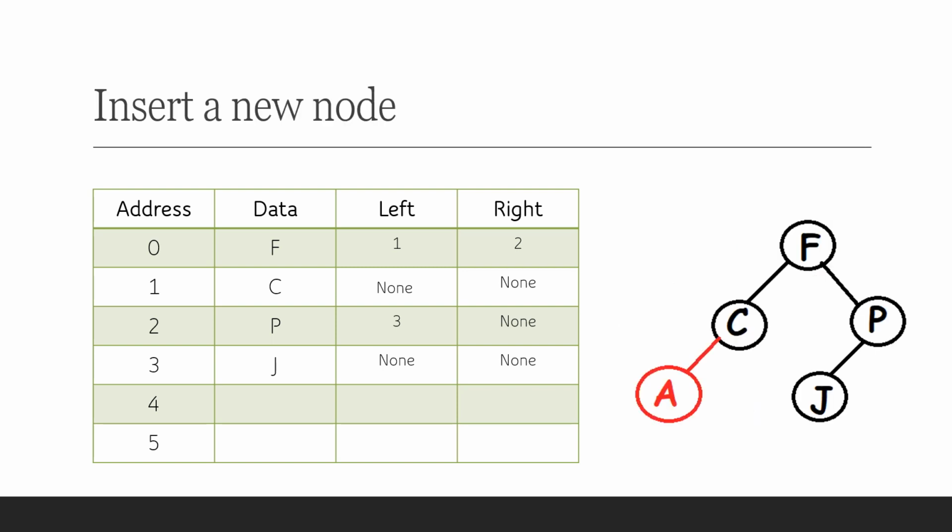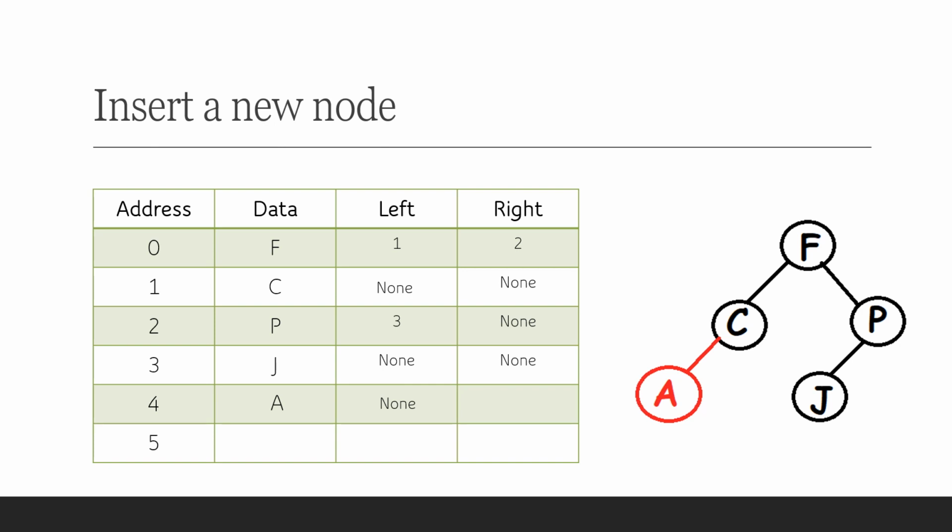So supposing we wanted to add a new node to the tree. There's an example here, the letter A added as a new node to the left of C. Now, how would we adapt the data in the 2D array to represent that new node? See if you can do it now, and I'll show you in a sec. So the first thing we'd have to do is to create the node in an empty space.